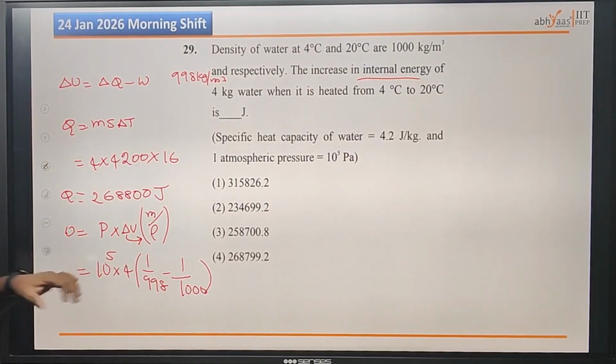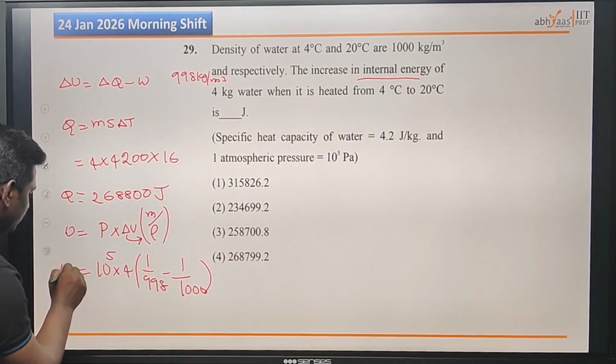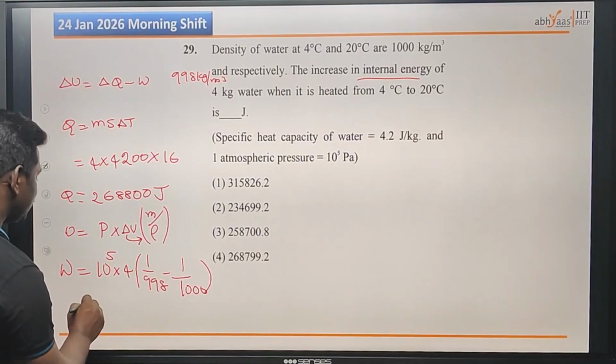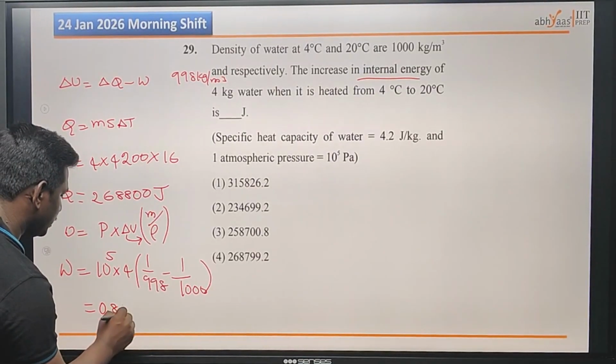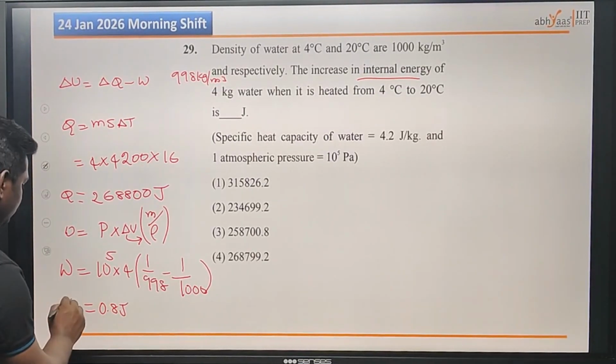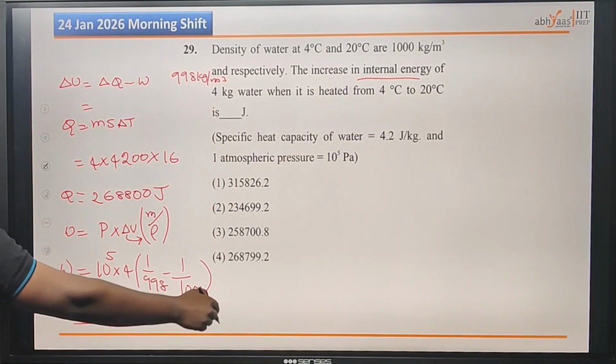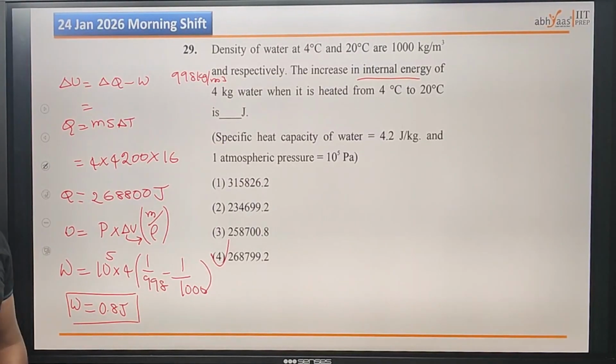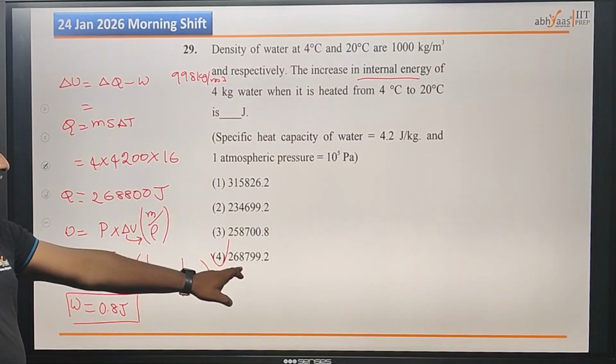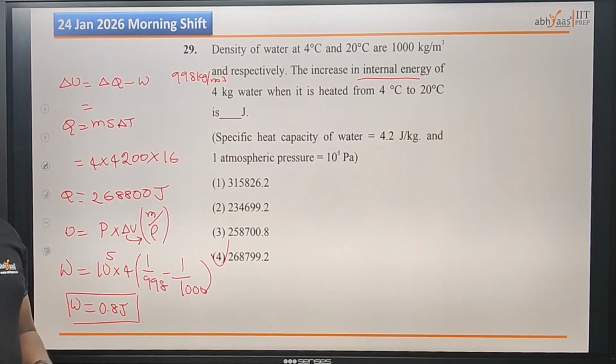If you solve this, the work done will be 0.8 joule. If you substitute in this formula, you will get the answer as 268,799.2. That is your answer.